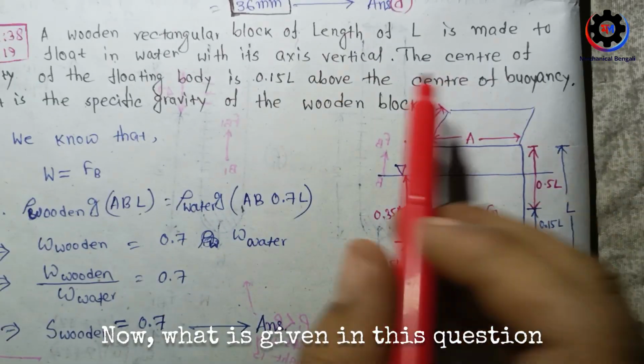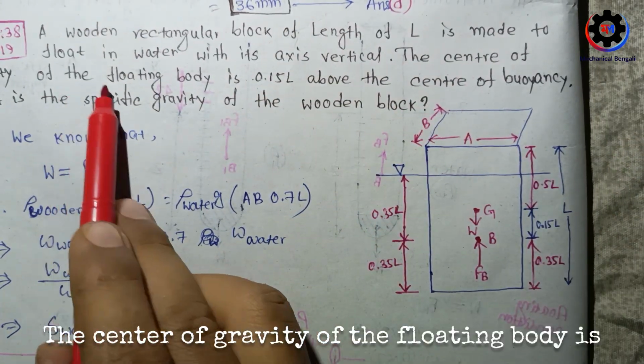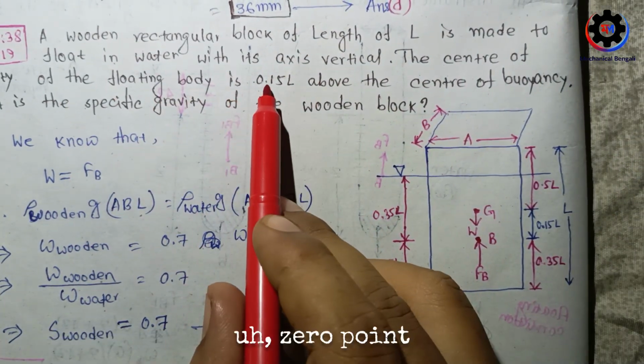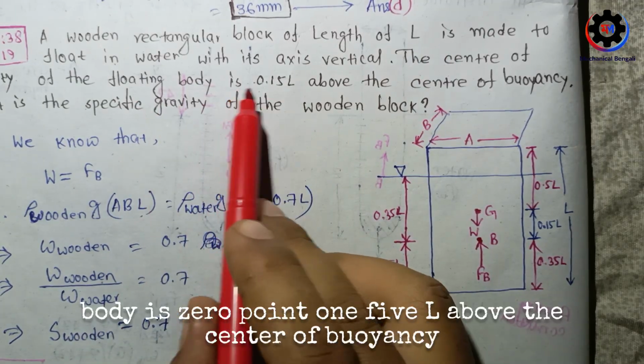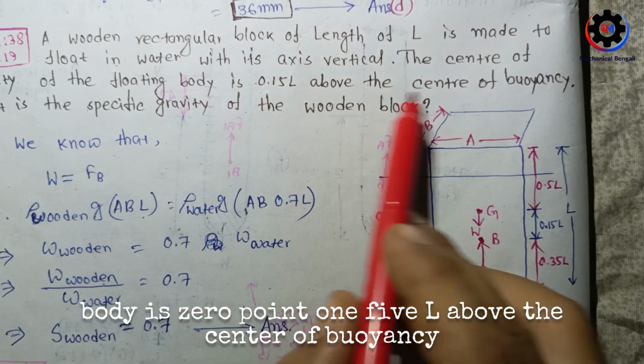Now what is given in this question? The center of gravity of the floating body is 0.15 L above the center of buoyancy.